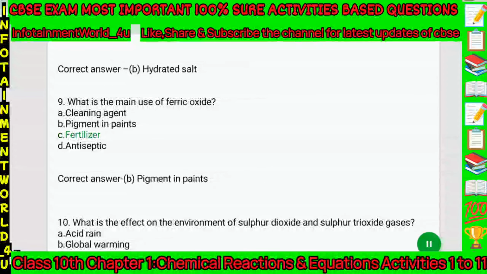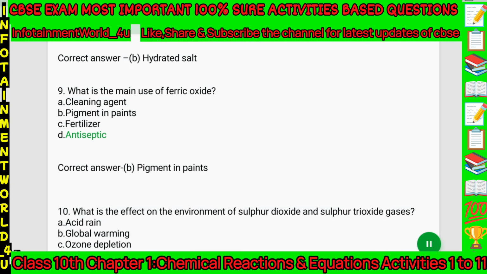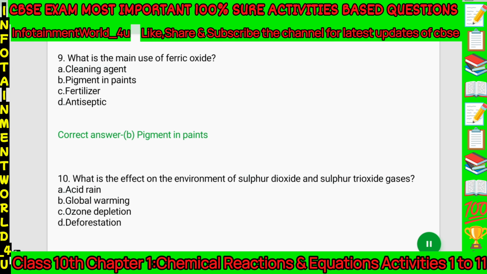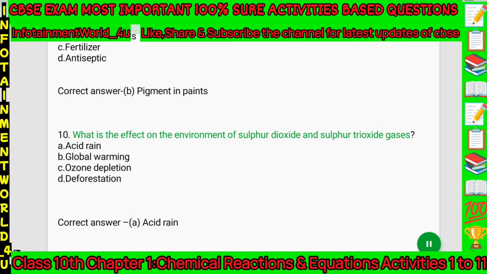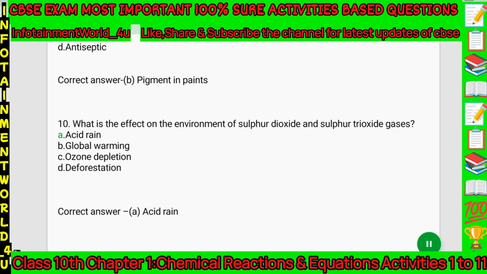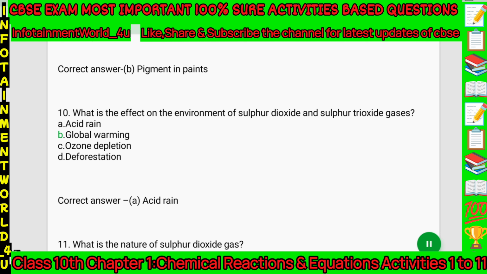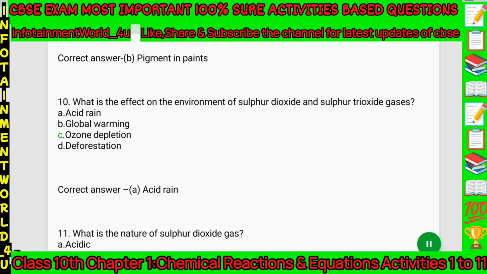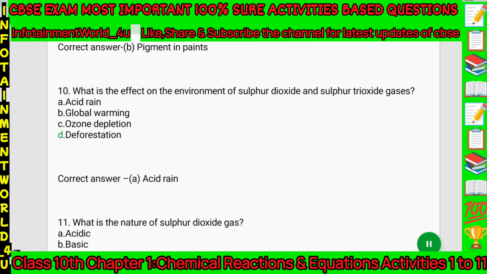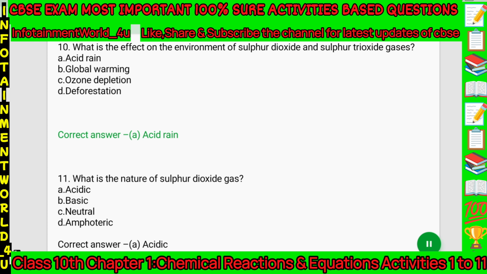C. Fertilizer. D. Antiseptic. Correct answer B. Pigment in paints. 10. What is the effect on the environment of sulfur dioxide and sulfur trioxide gases? A. Acid rain. B. Global warming. C. Ozone depletion. D. Deforestation. Correct answer A. Acid rain.